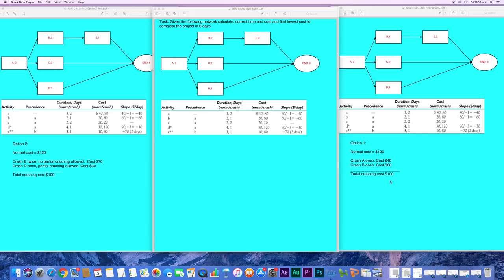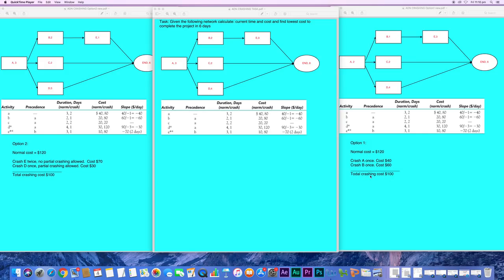So the total cost will be 220, but we want only the crashing cost. So be mindful what's being asked of you. Are we asking normal cost? Are we asking crashing cost? Or are we asking new total cost? So in this case, we're only looking for the total crashing cost.